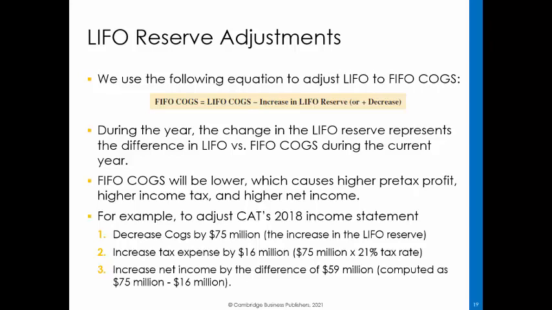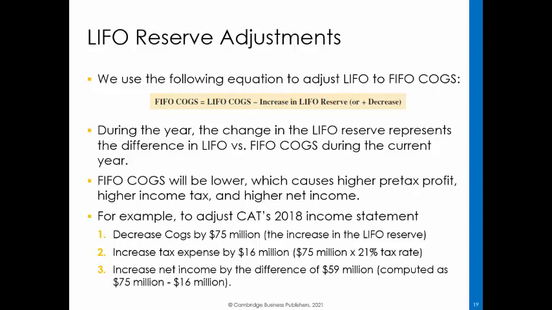During 2018, the change in Caterpillar's LIFO reserve was $75 million. Had Caterpillar always used FIFO, its cost of goods sold would have been $75 million lower, and gross profit and pre-tax income would have been $75 million higher. The company would have paid an additional $16 million in taxes using the 21% rate in effect in 2018.